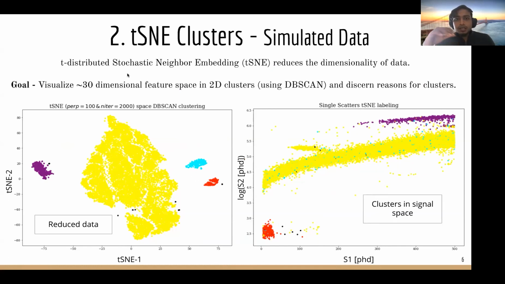It defines a probability distribution in this very high dimensional feature space, and then it defines a similar distribution in the low dimensional feature space that we want to go to. Then it compares these two probability distributions and minimizes some metric that retains the most information from the high dimensional feature space in the low dimensional feature space. It does that in a nonlinear way, while PCA does the same thing, but using linear combinations of these features. So in that sense, it's more powerful and can pick up connections between the data that PCA would probably not be able to.